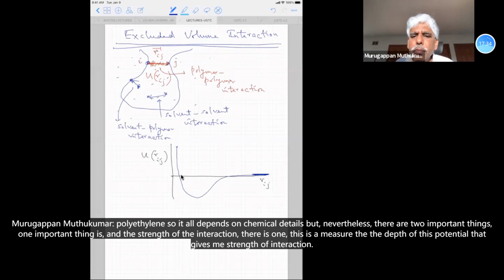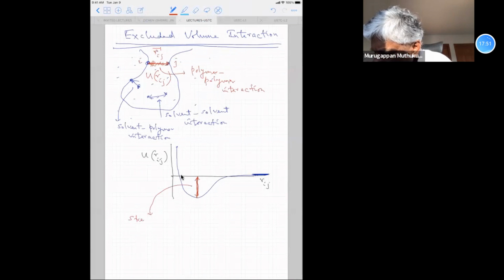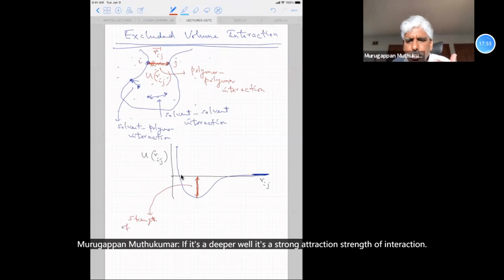But nevertheless, there are two important things. One important thing is the strength of the interaction. This is a measure, the depth of this potential, that gives me the strength of interaction. If it's a deeper well, it's a strong attraction.